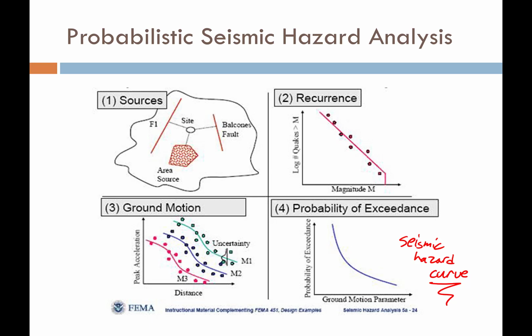A deterministic seismic hazard analysis is a conservative but simple attempt to estimate the worst credible scenario that might occur and affect your site. That's the main difference between these two.